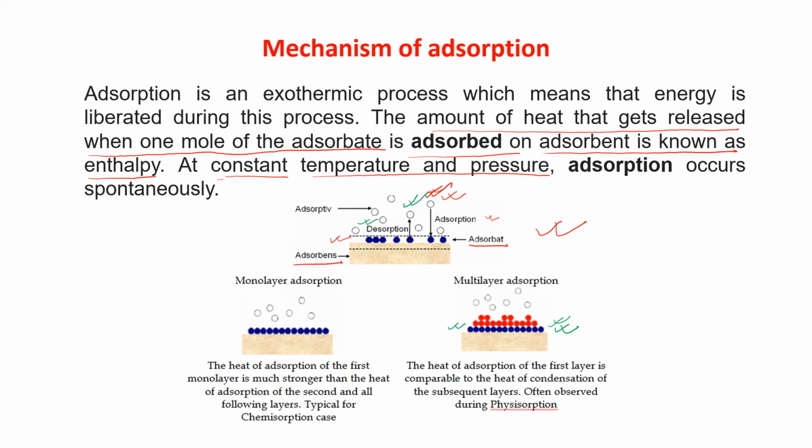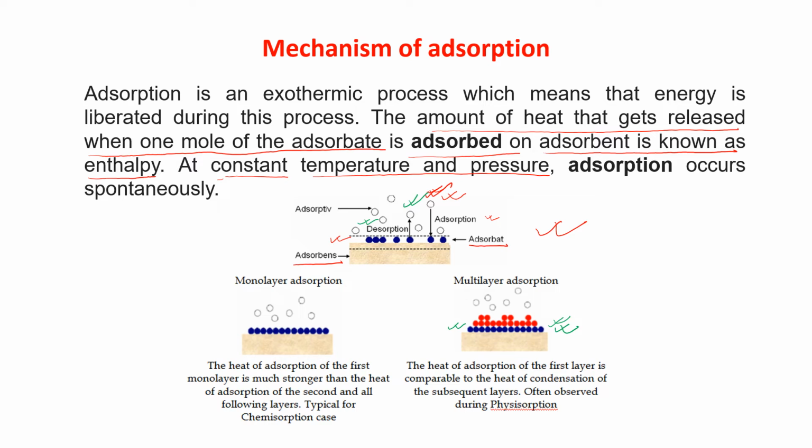But the second layer is not directly adsorbed by the adsorbent surface. The adsorbent surface is attracting the first layer only, and the second layer is adsorbed by the attractive force of the first layer. So the blue color and the red color are both similar types of molecules; they are the adsorbate.